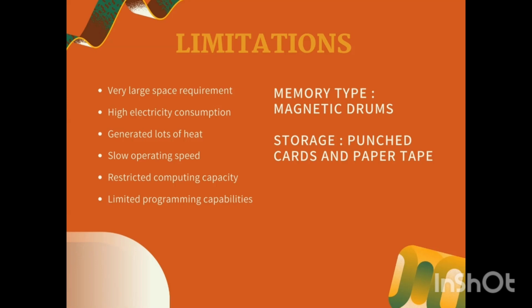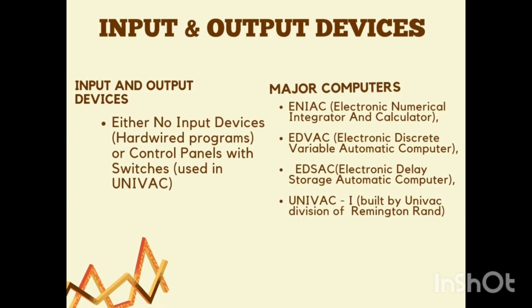Now, which type of memory did first generation computers use? They used magnetic drums, and for storage purposes punch cards and paper tapes were used. Now, which type of input and output devices were used?